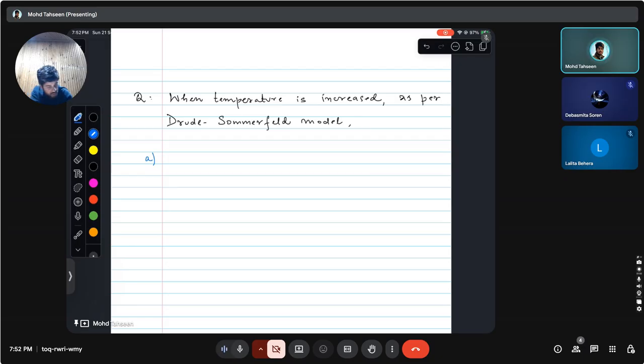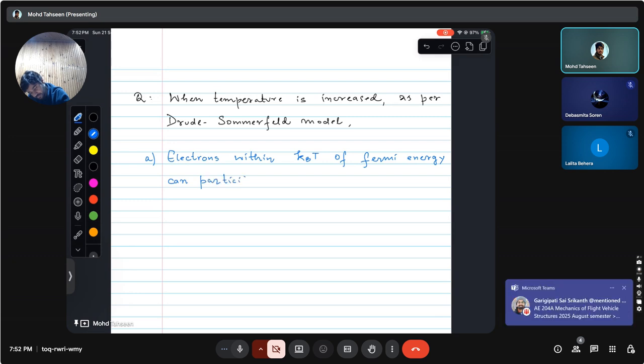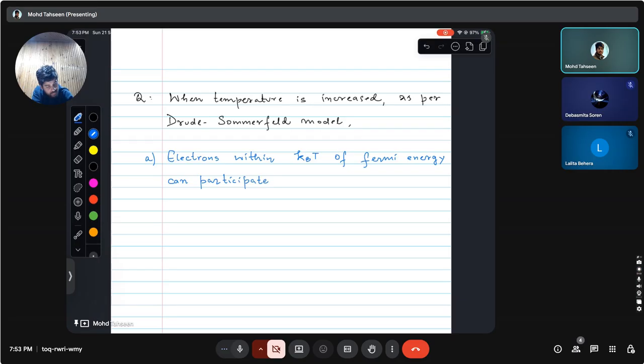Option A: electrons within kBT of Fermi energy can participate in the process of energy increase.